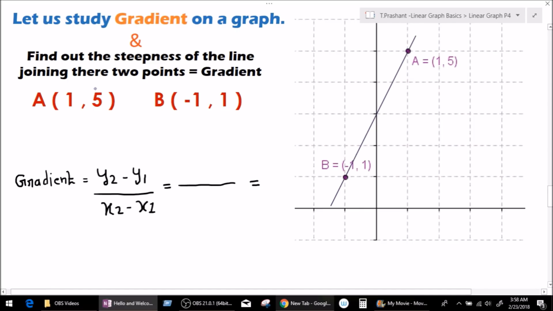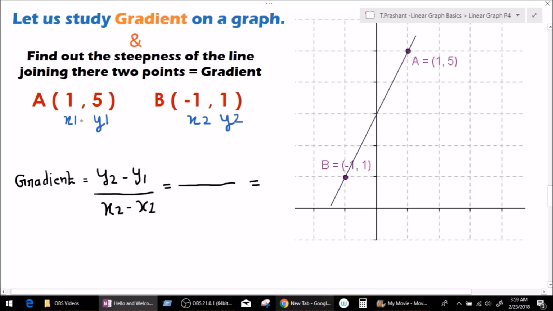So first of all, write x and y. 1 is x and 5 is y in coordinate A, and minus 1 is x and 1 is y in coordinate B. Mark the first as x1 and y1 and mark the second as x2 and y2.